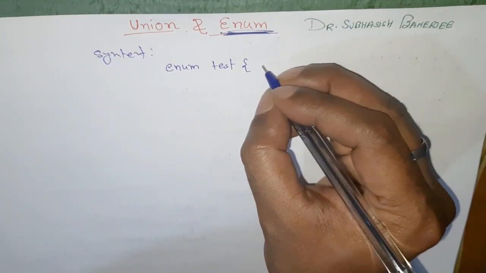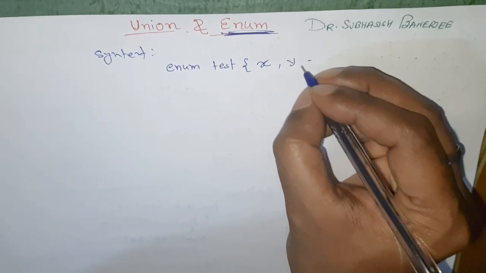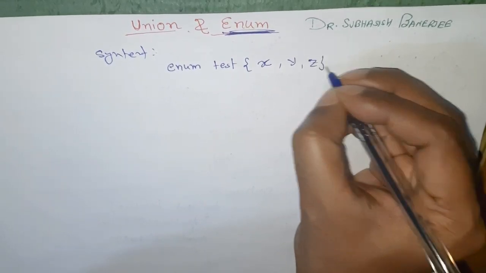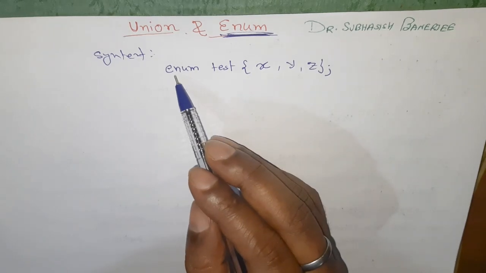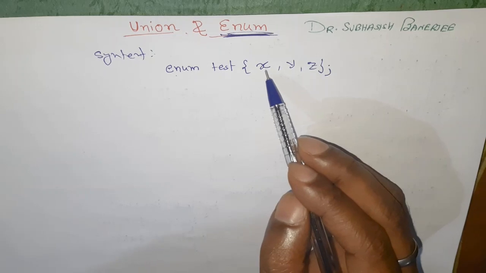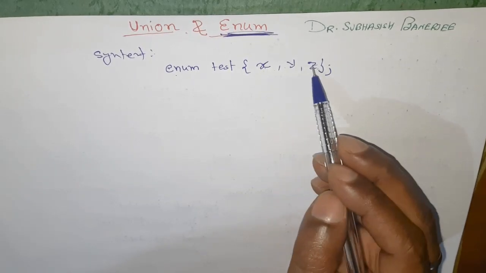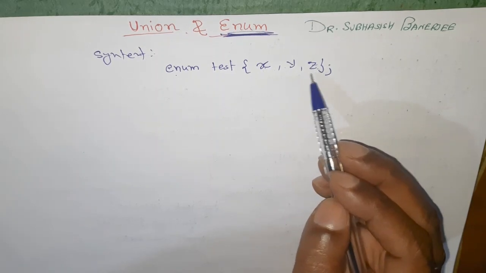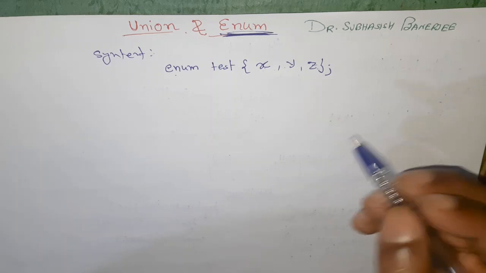I am going to define a set of identifiers: x, y, and z. So if we define the enumerated or enum user defined data type for defining the constant value against the identifier, here we have defined the three identifiers x, y and z, and it is basically used to assign the constant value.